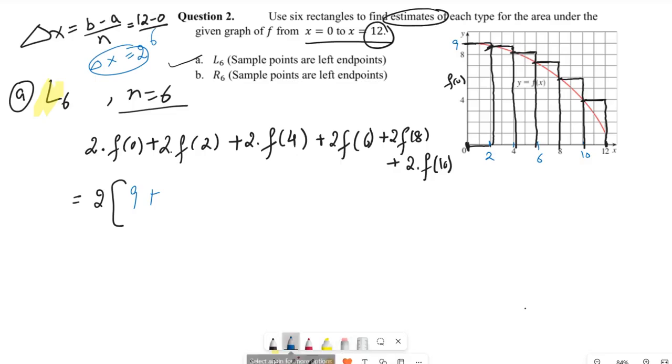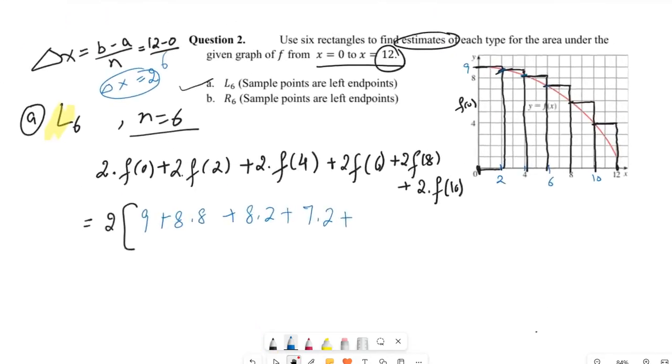So f of 2 is a little less than 9, so I'm going to guess it's 8.8. F of 4 is a little lesser than that, but more than 8, so 8.2 approximately.